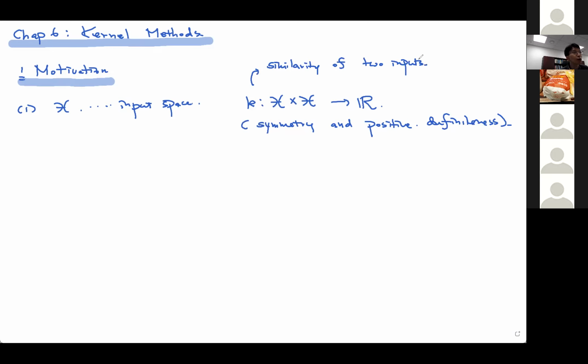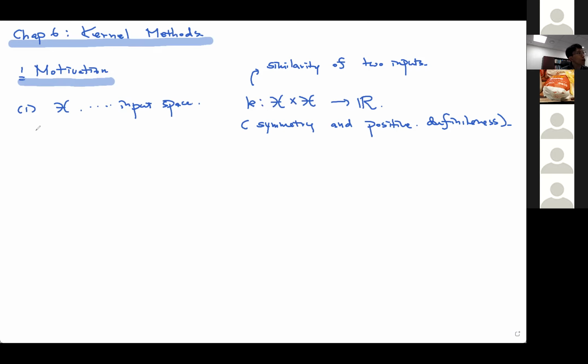If 2 inputs are opposite, it will return a very low value, a negative value whose absolute value is very large. So K measures the similarity of two inputs, and symmetry and positive definiteness ensure that K is chosen properly to capture this idea of similarity. The exact meaning will become clearer.